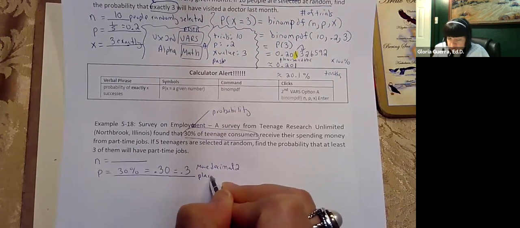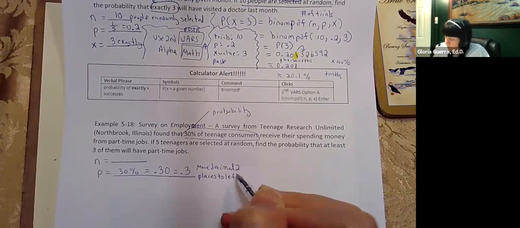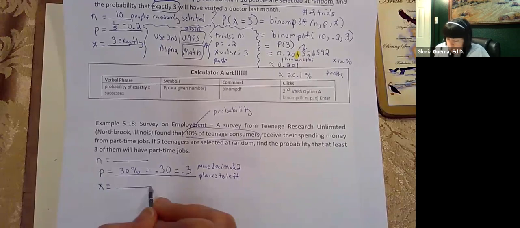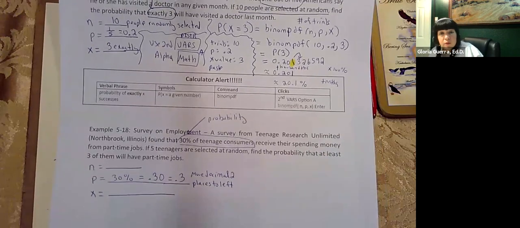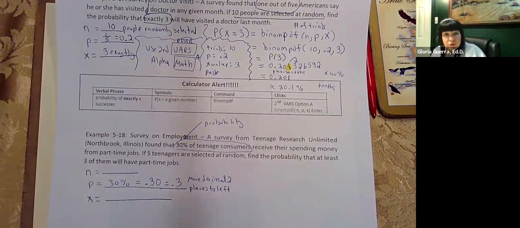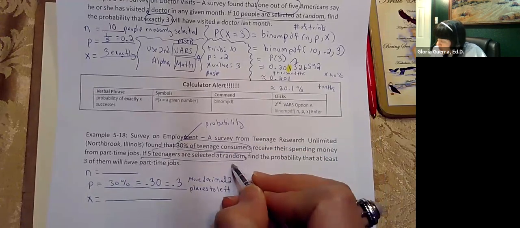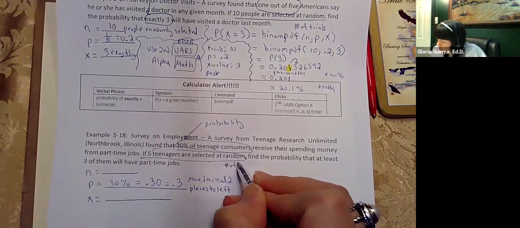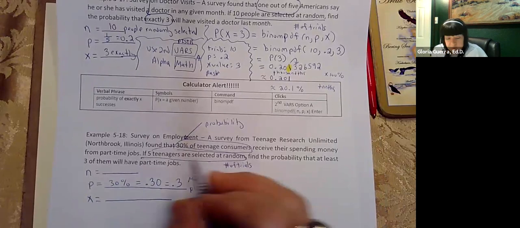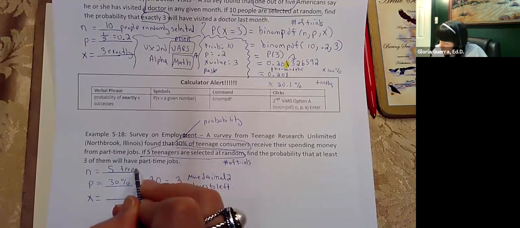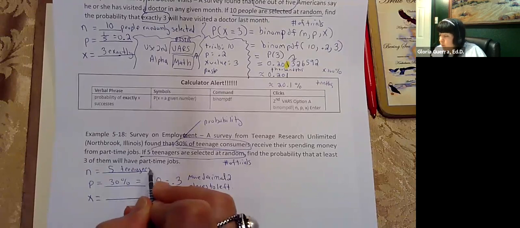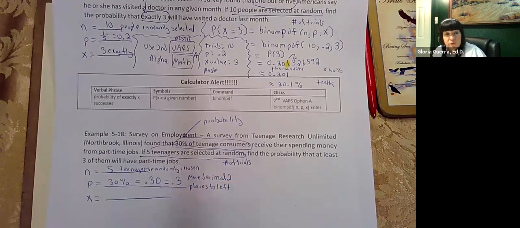And then if 5 teenagers are selected at random, so there's your keyword, random. That's helping you with your number of trials. So n is equal to 5. 5 teenagers, they're randomly chosen. That's important. Okay, keyword randomly. So that's your 5.